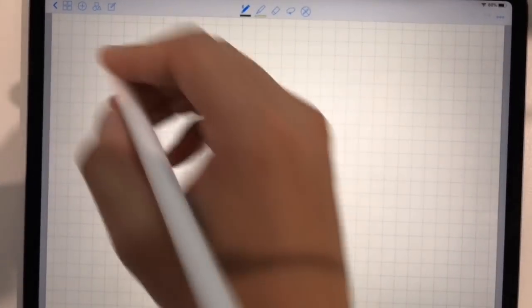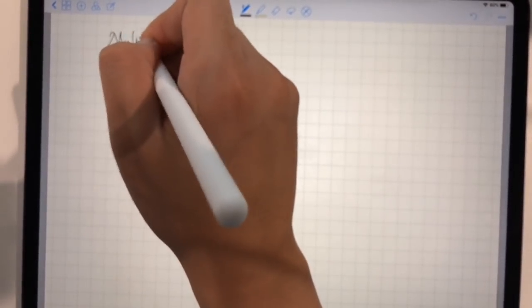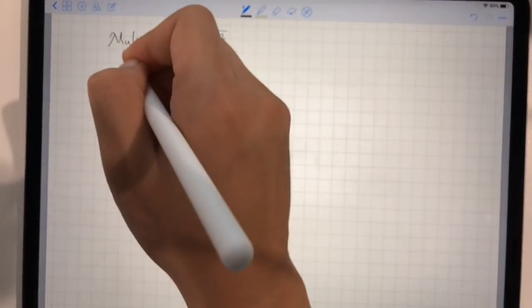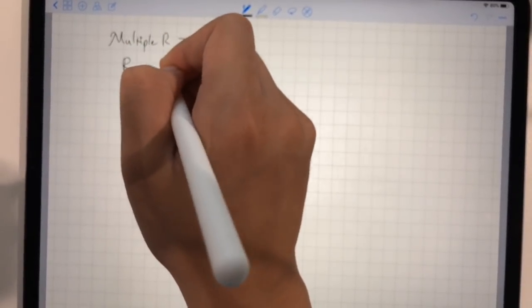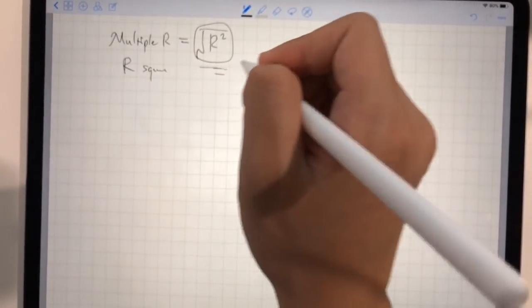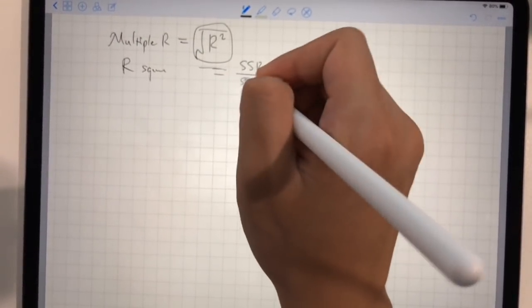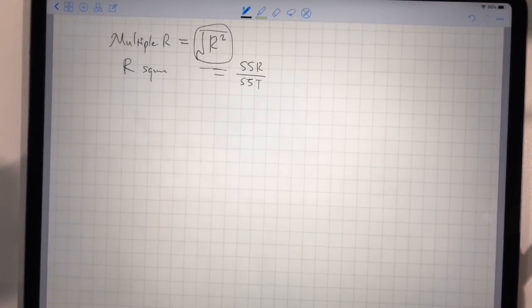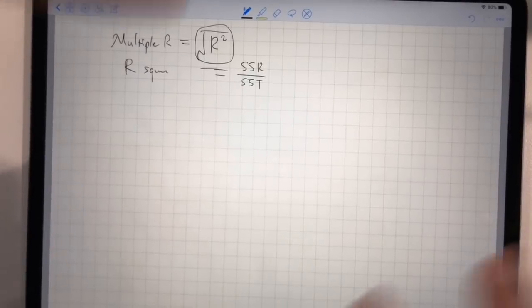in the first table, we have multiple R, right? So it's just the square root of R squared. So if R squared is something, it's just the square root of R squared. And you know R squared is SSR over SST. Well, it's all about the revision of formula. So you can just go back to your slides and see those formulas.